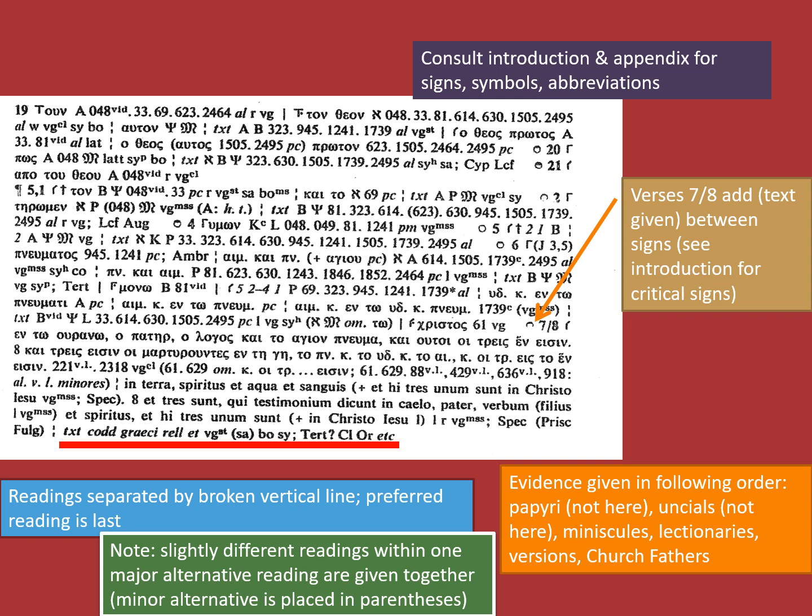And then verse 8, and so we have kai tres esin hoi marturuntes en te ge to, and then suddenly we have pi nu and then a period and then kappa and a period.